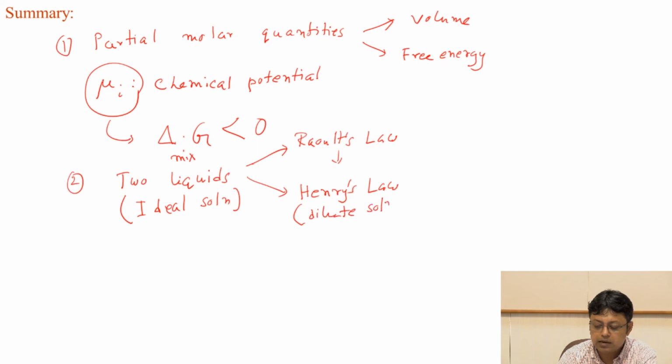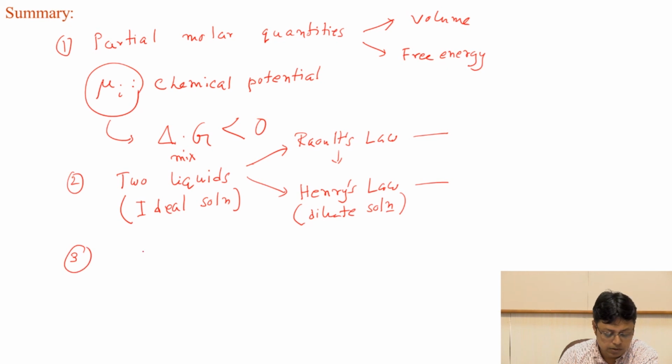So it is for ideal dilute solutions. And then we discussed the molecular origin for Raoult's law and Henry's law, why it is valid in one limit and why the other one is valid in the other limit. We talked about the solute-solvent interactions.